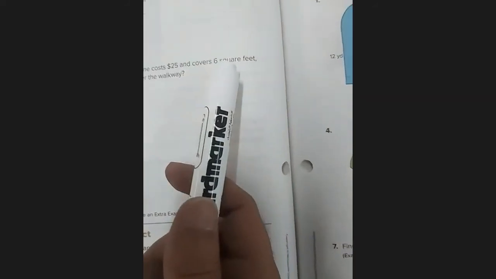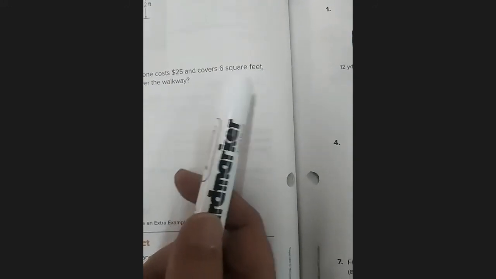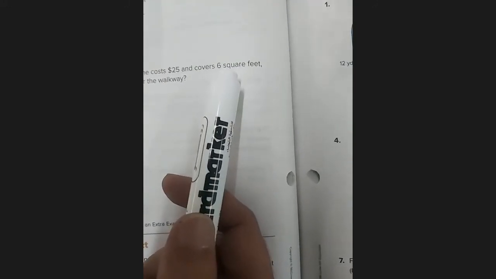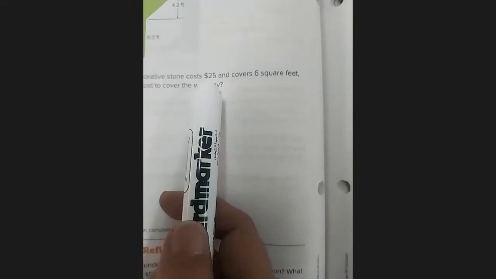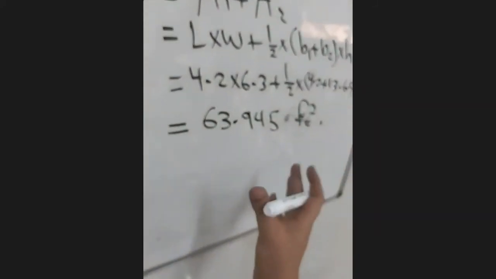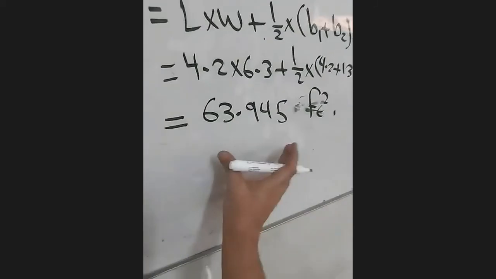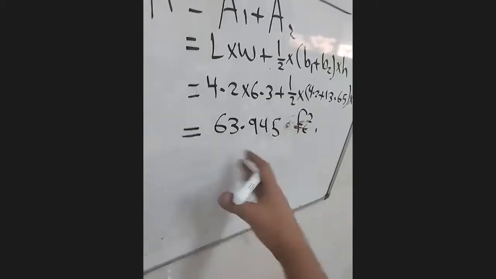Okay? Now let's read the question again. If one case of decorative stone costs $25 and covers how many feet? 6 square feet. So each 6 square feet costs 25. I need to know how many 6 squares are inside this number, by dividing.